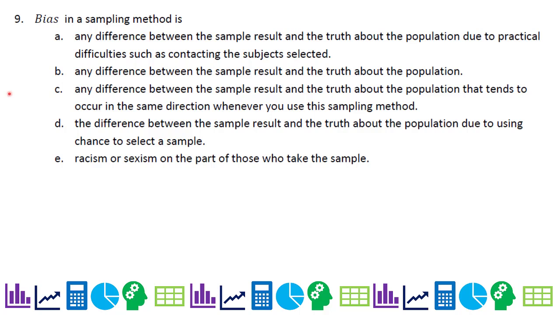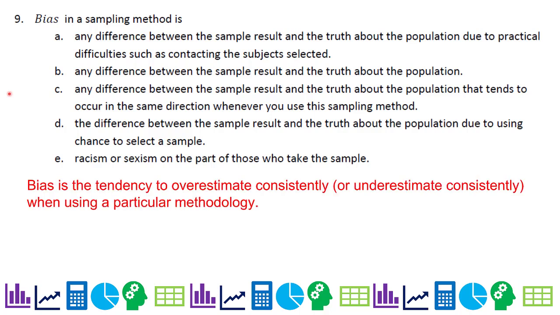Bias in a sampling method is, okay, this is a definition. I've seen you miss this on your tests. Bias is a tendency to overestimate consistently or underestimate consistently, depending on the scenario, when using a particular methodology.